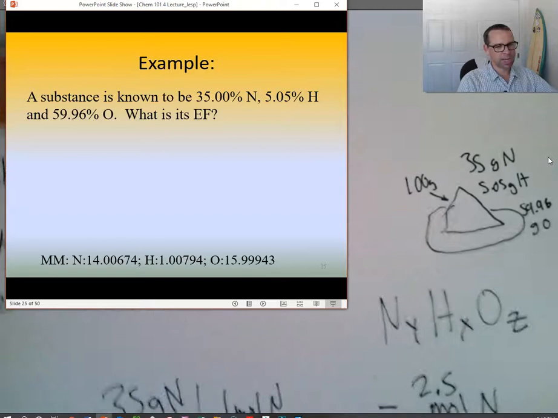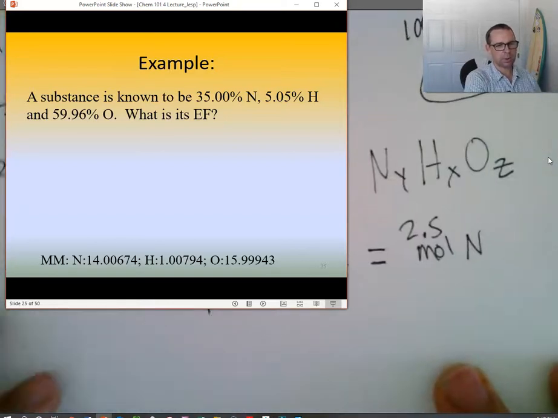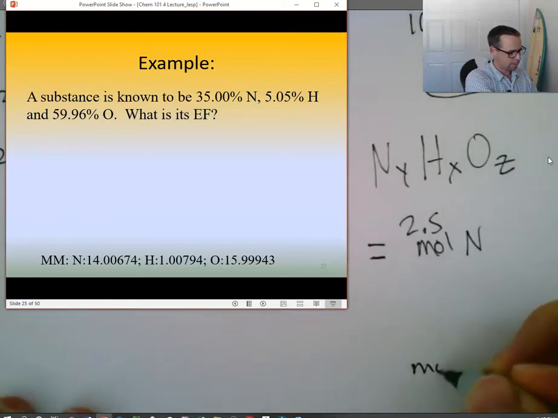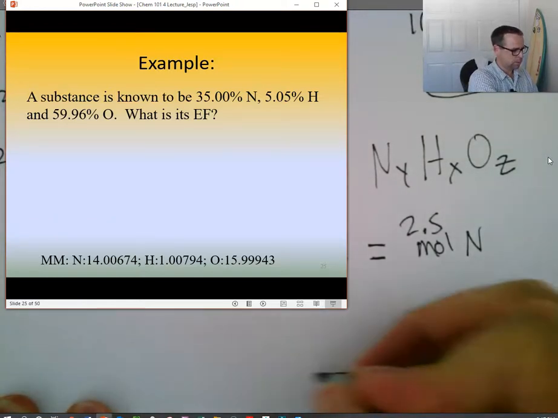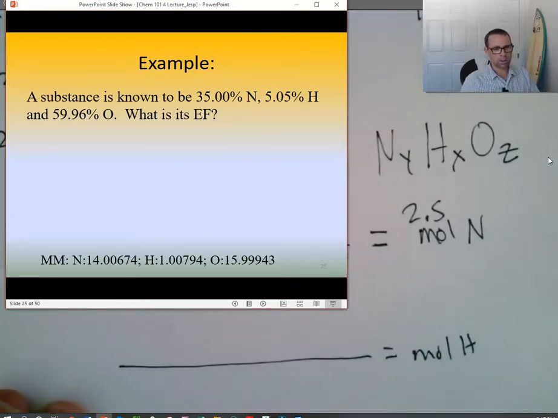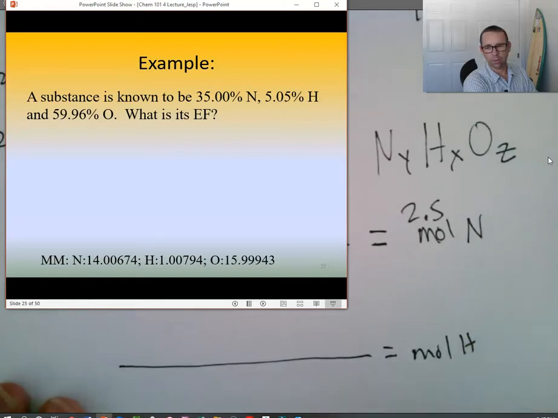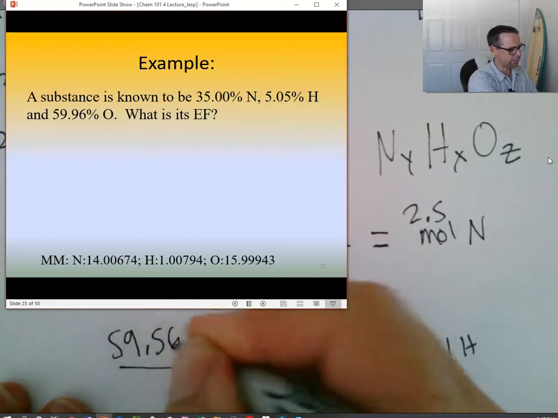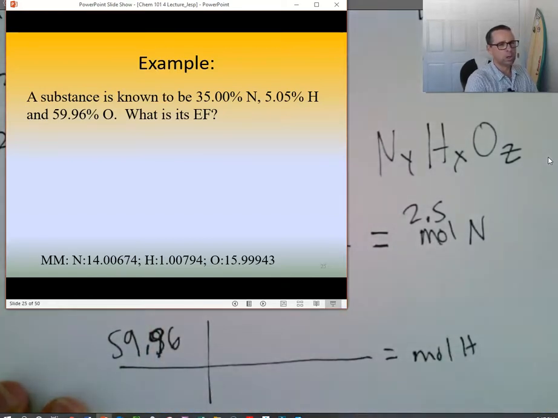So we got the moles of nitrogen. Now let's get the moles of hydrogen. We can start with the 59.96. Where'd you get that from? From on top, that's the percentage of oxygen.